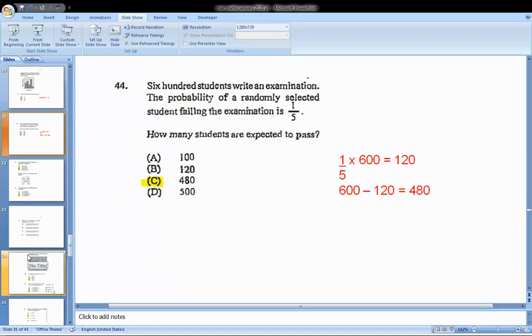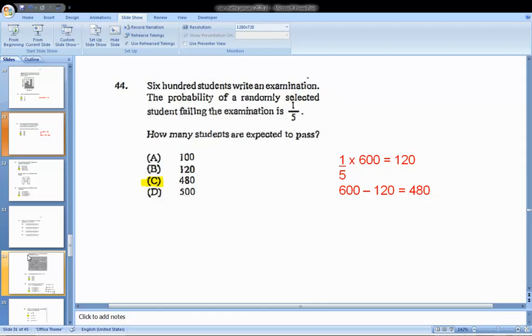It says 600 students write an examination. The probability of a randomly selected student failing the exam is 1/5. How many students are expected to pass? Now, all we simply do, we find 1/5 of the amount of students that they gave us in the examination, which is 600. So 1/5 of 600 is 120.